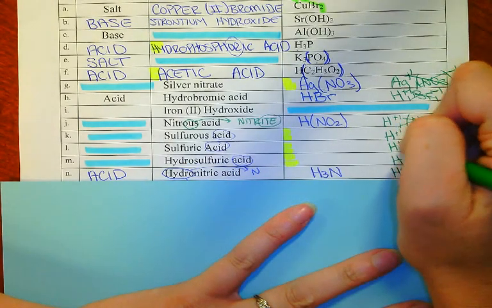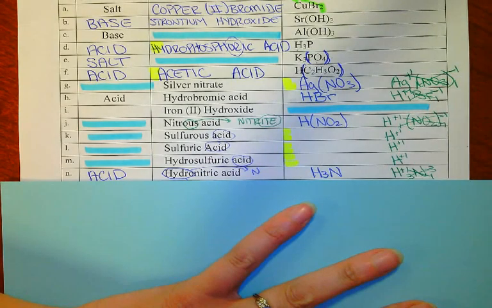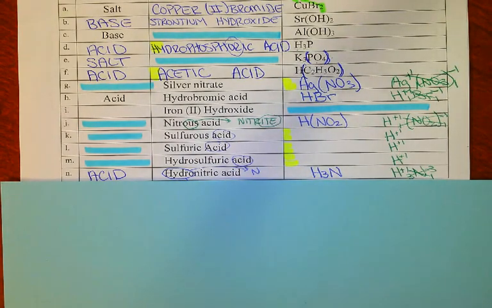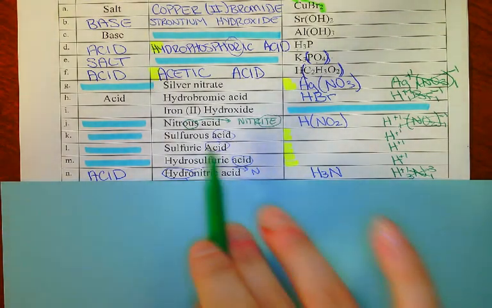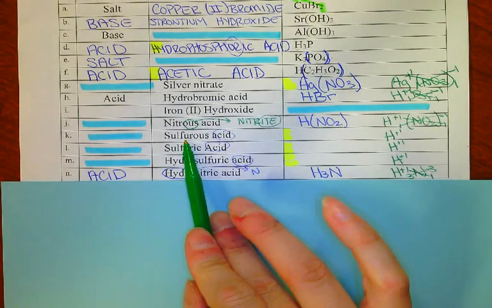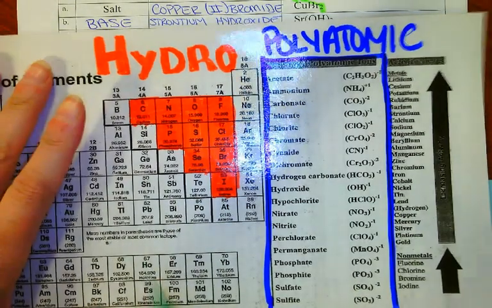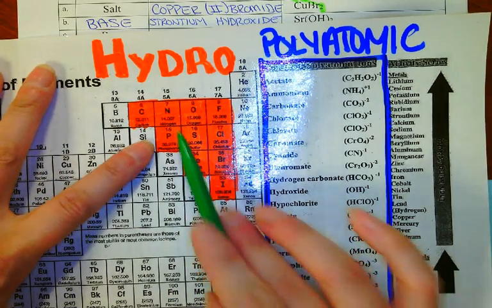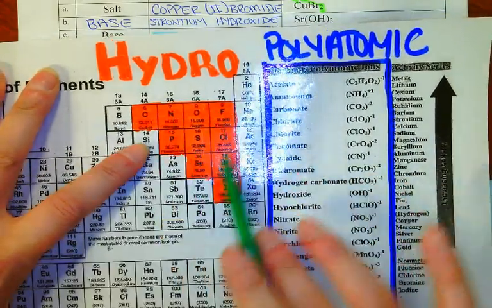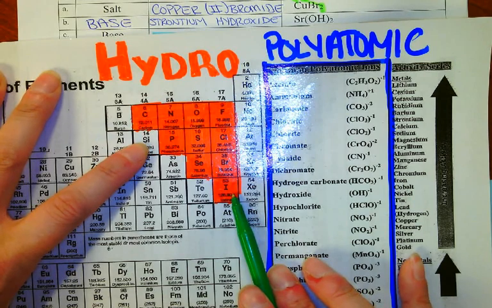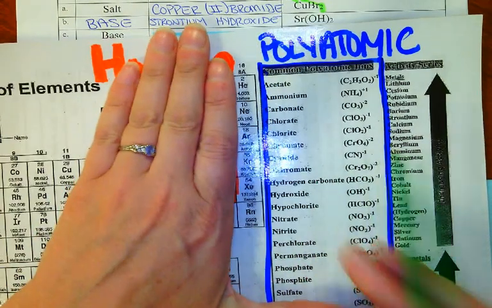And hydrogen makes +1 charges. The tricky part of writing formulas is finding the second symbol. So sulfurous acid, the second symbol, we're going to use this idea. If the name has hydro in it, then the second symbol comes from the periodic table. This one does not have hydro in the name. It's just sulfurous.